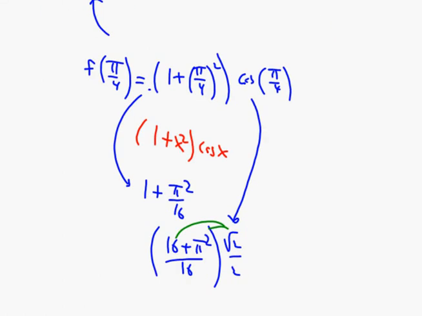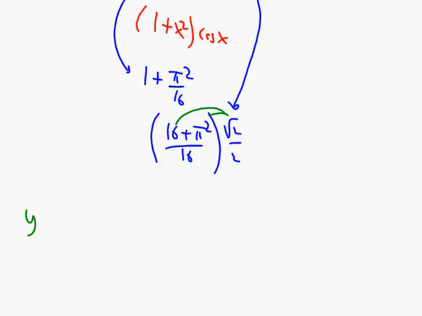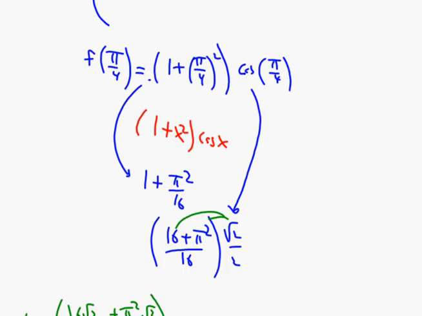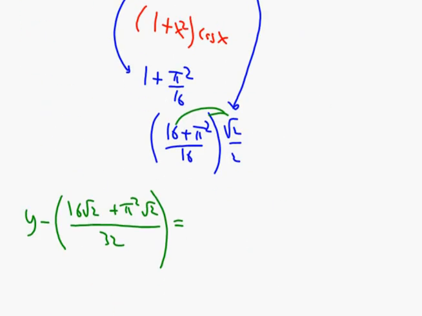it doesn't even fit there. I guess I'll start over. I'll write my line again. So y minus, here we go, 16 square root of 2 plus pi squared square root of 2 over 32 equals that slope we had. See if I can remember that.